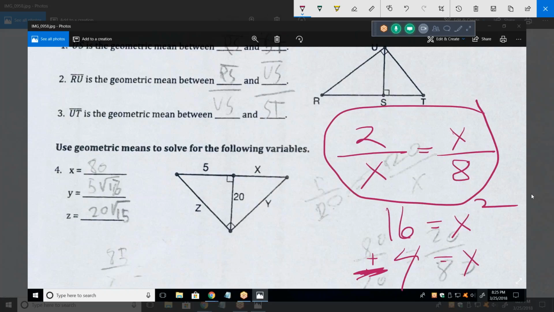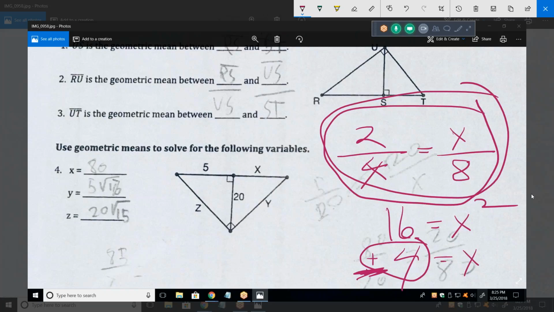So the only dimension when you have these geometric mean problems is the positive answer. In other words, if I substitute 4 for x, that stays an equation. And that is the only number.